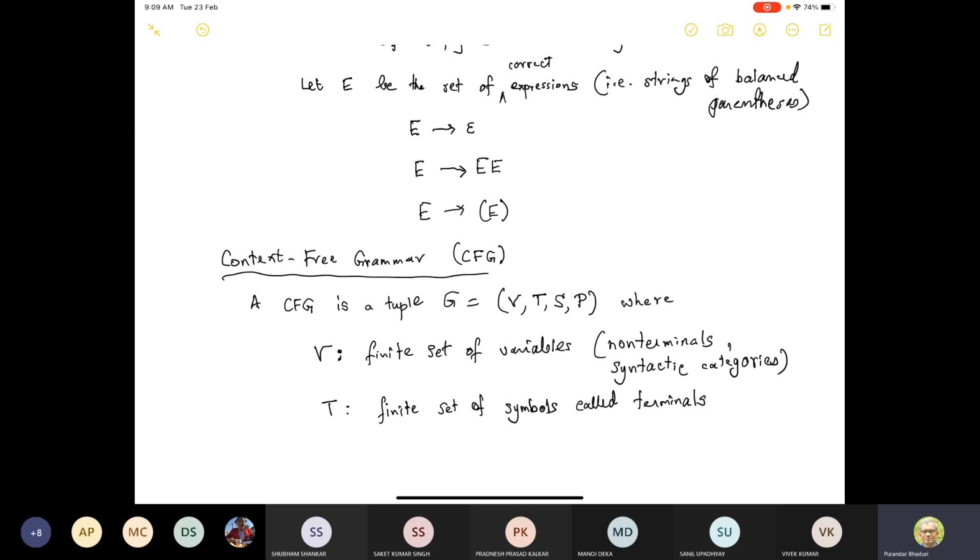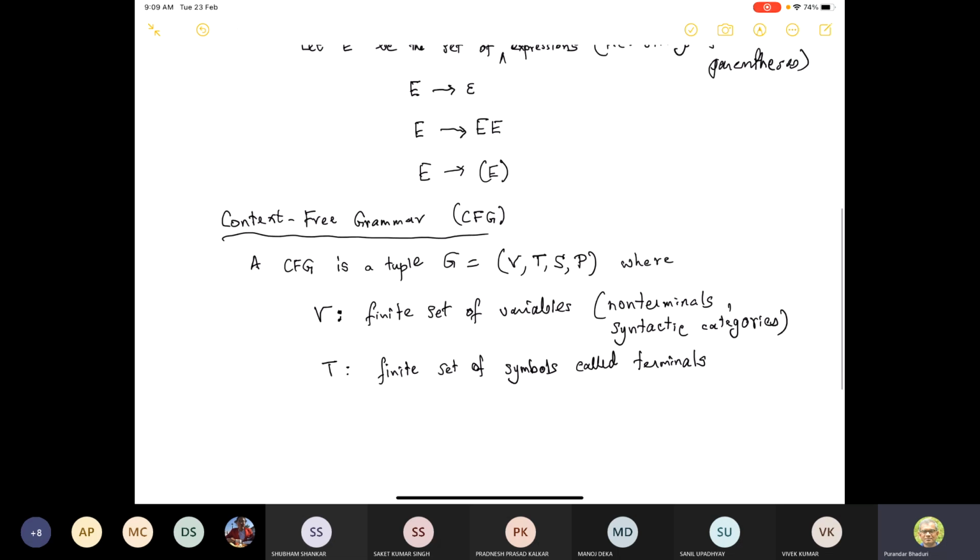The strings in the language are formed from this set of symbols. So the languages we are interested in are strings of terminals.